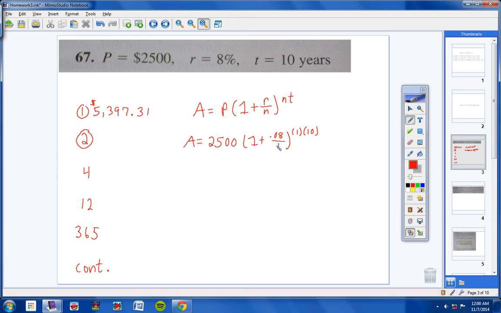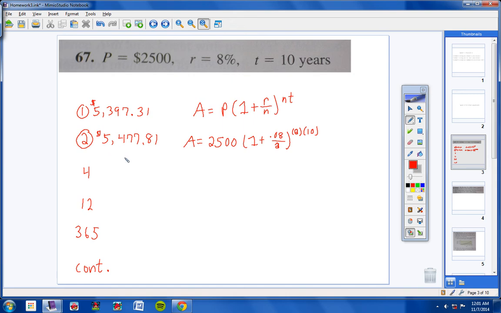So this 1 right here would become a 2, and this 1 right here would become a 2. And other than that, students, nothing else would change. So if you type all of this into your calculator the appropriate way, you should come up with $5,477 and 81 cents. Okay, there we go.